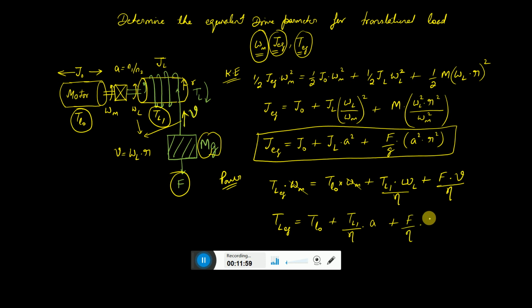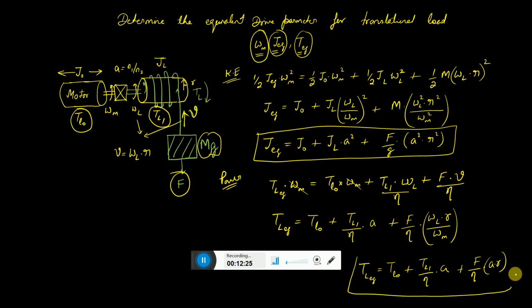V can be written as omega L into R divided by omega M, correct? And now this can be written as TL equivalent is equal to TL0 plus TL1 by eta into A plus F by eta into A times R, like this.